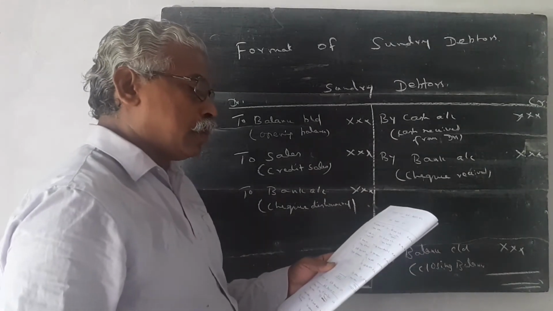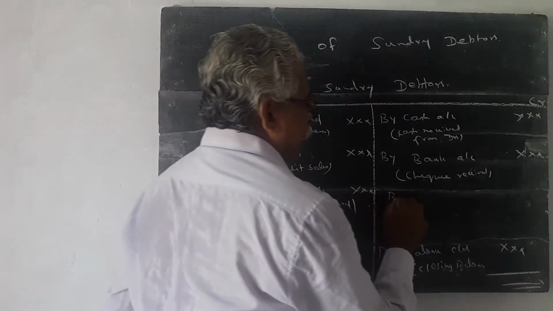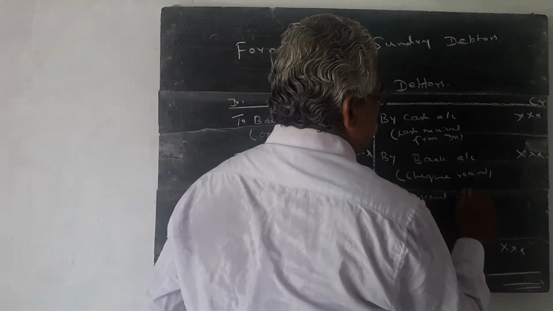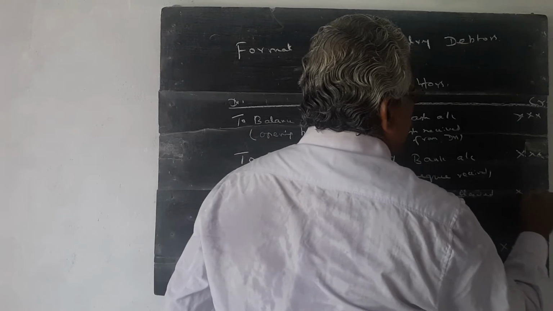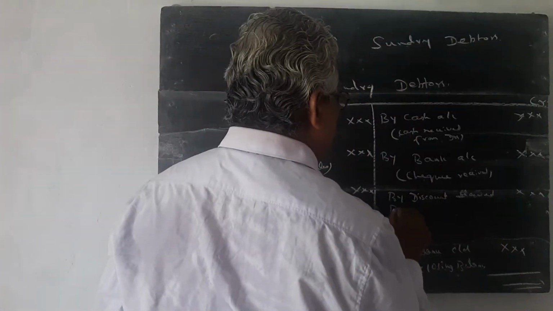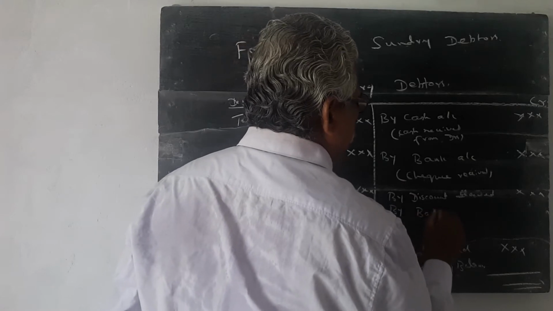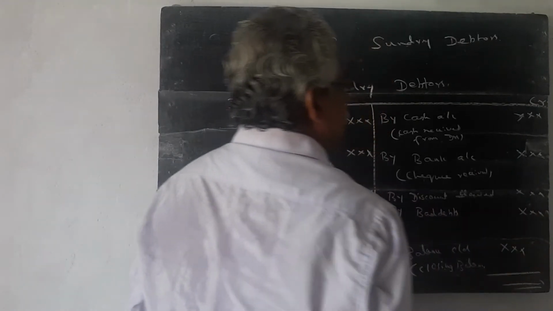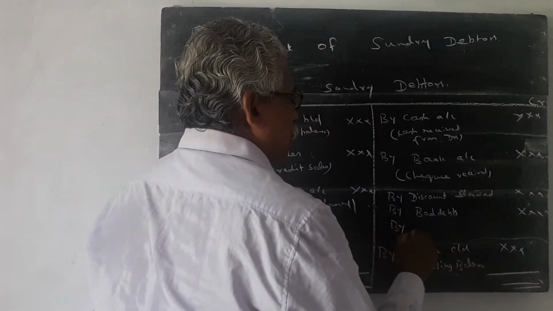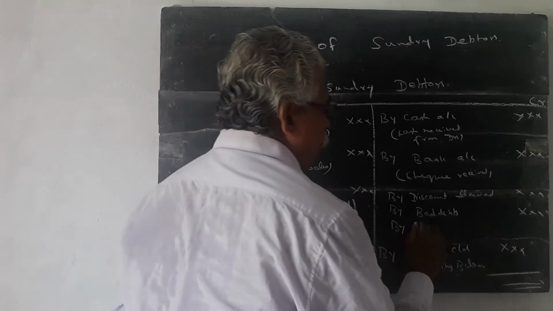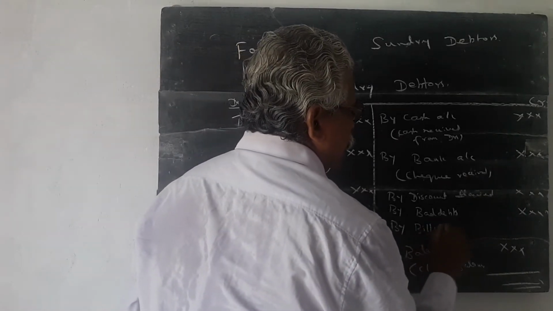Then discount allowed is entered here. Any bad debts come, it is entered here. Any bill received is entered here; here we write bills receivable account.